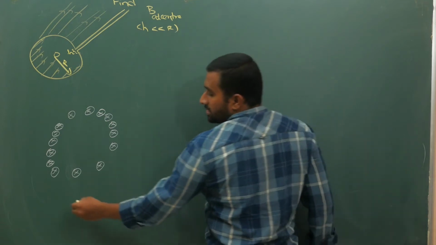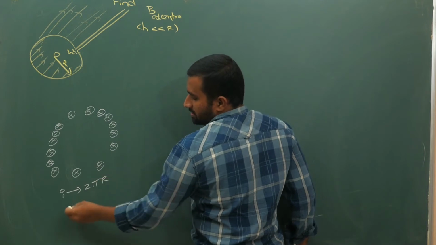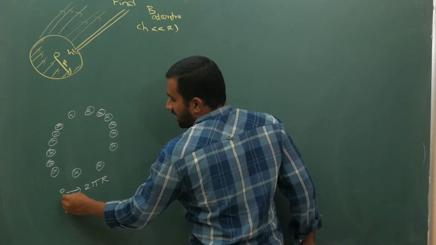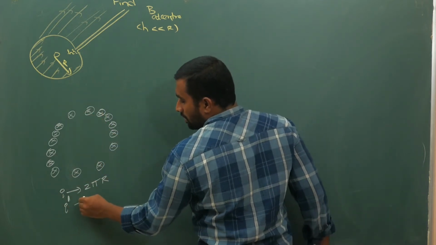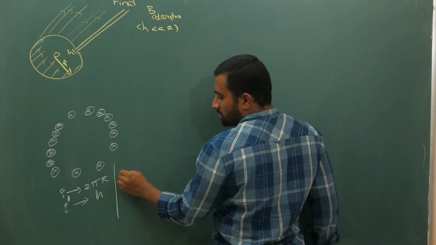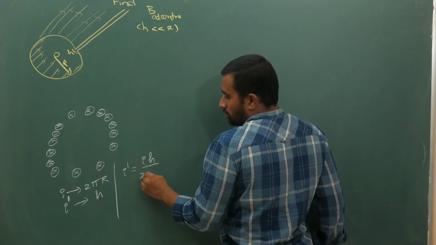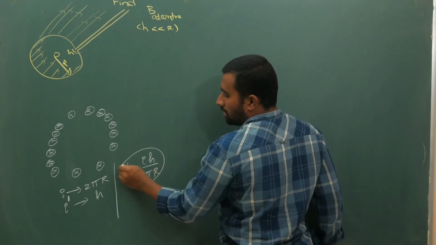Here my point is, current I is going across a length of 2 pi r. Across a length of h, how much current goes, I dash, where I dash is going to become I h by 2 pi r, is the small current.